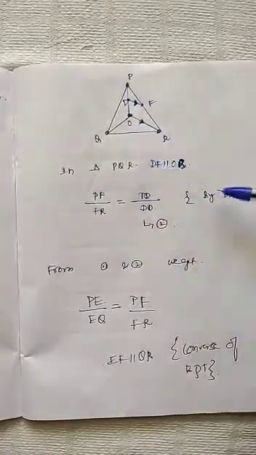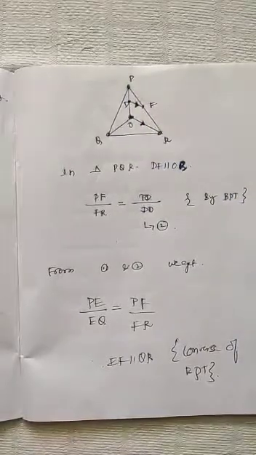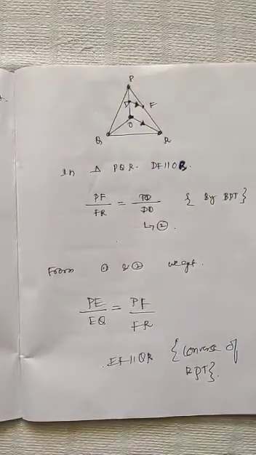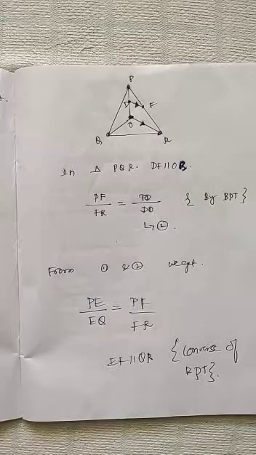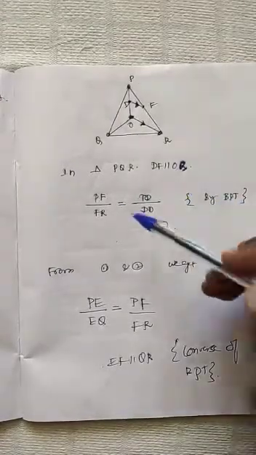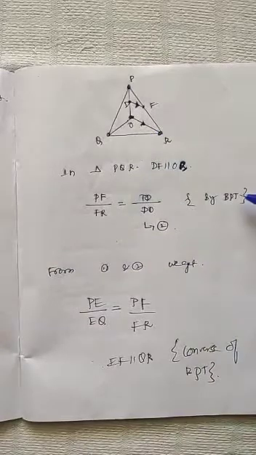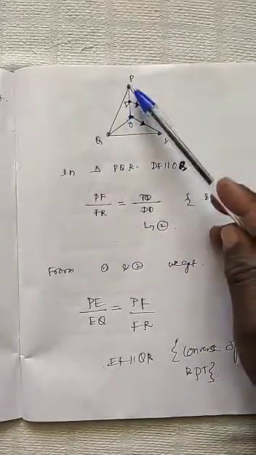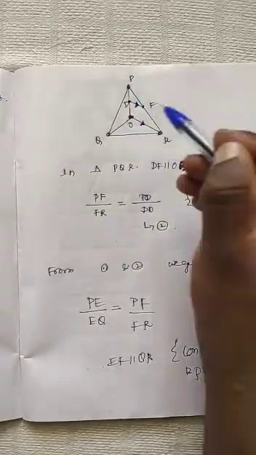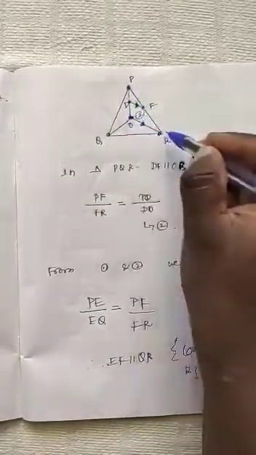By applying the basic proportionality theorem, we know that the Thales theorem, the BPT theorem, states that if a straight line is drawn parallel to a side of a triangle, then it divides the other two sides proportionally. Here DF is parallel to OR, so we consider the second triangle, POR.